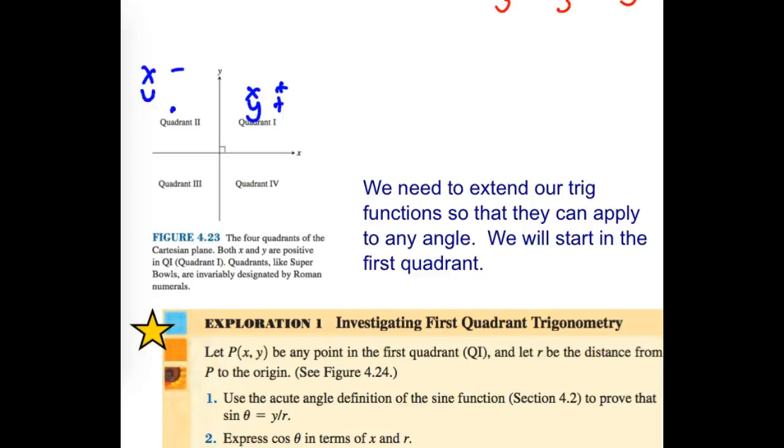Okay, x is negative, but y is still positive. Okay, if we go to quadrant 3, both negative, and quadrant 4, positive x, but negative y. Okay, that's going to come into play when we start defining how to find these trig functions in other quadrants.